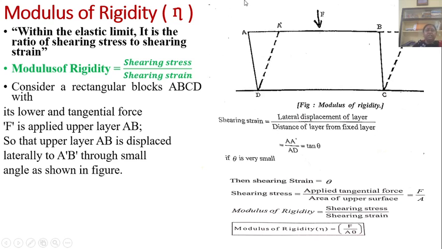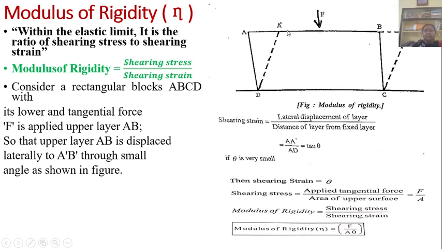Modulus of rigidity, that is eta. Now within the elastic limit, it is the ratio of shearing stress to shearing strain. So modulus of rigidity equals shearing stress upon shearing strain.